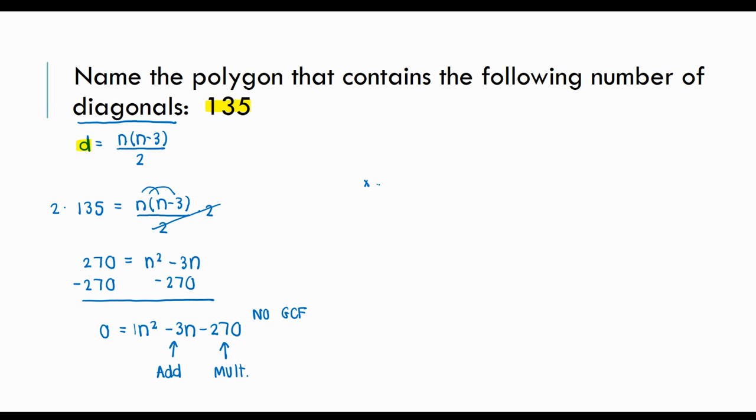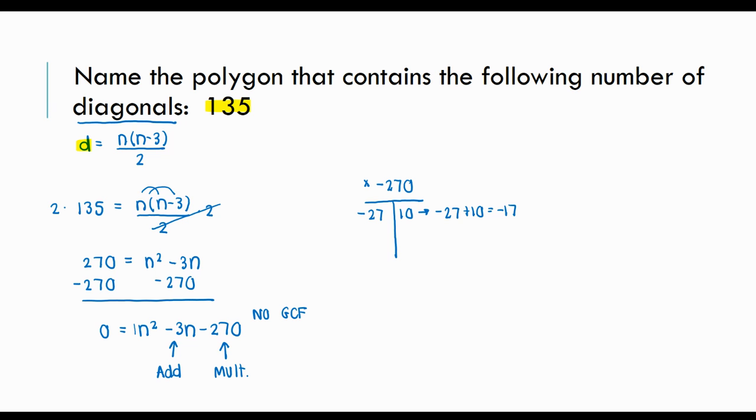So we're looking to create a table. I know that because we want to multiply to a negative, we're going to have one of each. So I'm trying to think about numbers that multiply to negative 270. Well, negative 27 and 10 will multiply to that. But notice that when I try to add those, I'll get negative 17, which is not the number that I want in the middle.